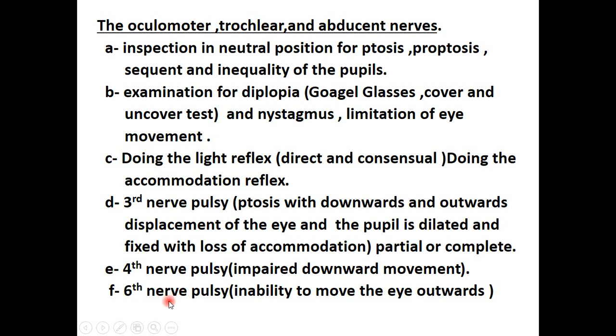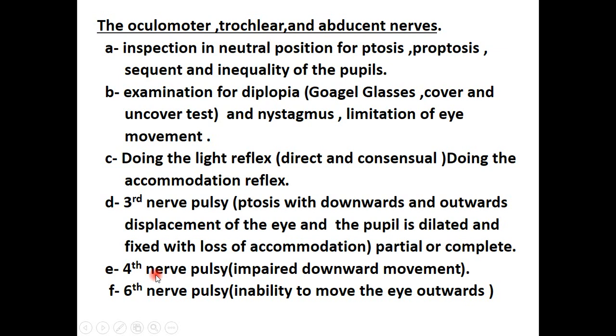When we have a sixth cranial nerve palsy, the patient is unable to move the eye outwards. The sixth cranial nerve supplies the lateral rectus, the fourth supplies the superior oblique, and the rest are supplied by the oculomotor nerve.